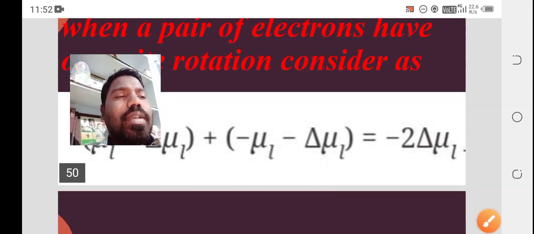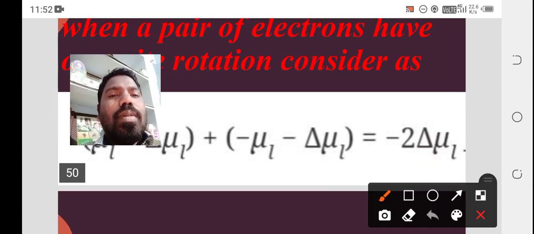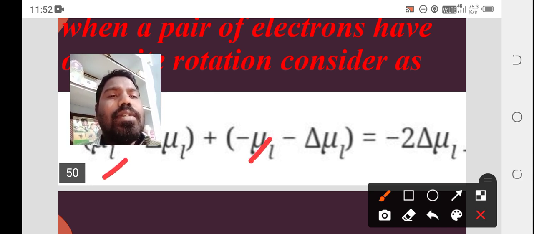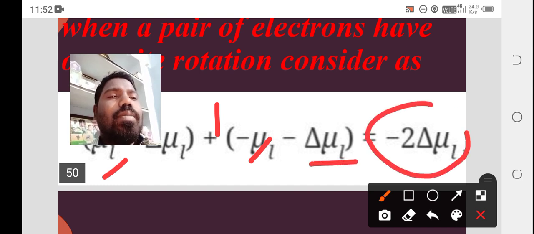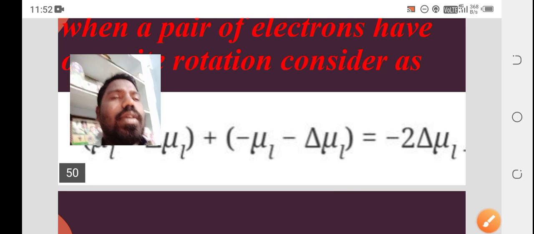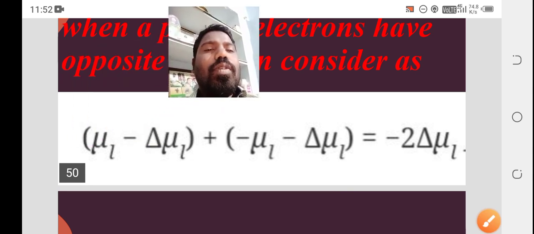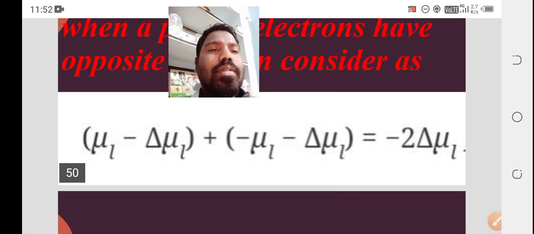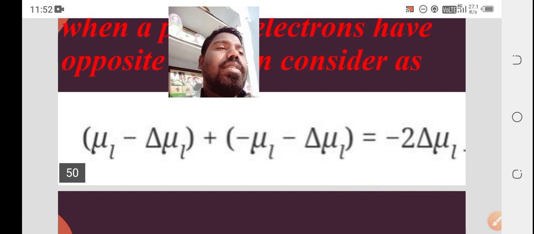Here mu L minus mu L will be cancelled. Minus del mu L minus del mu L is there, that is minus minus, that is minus 2 delta mu L.